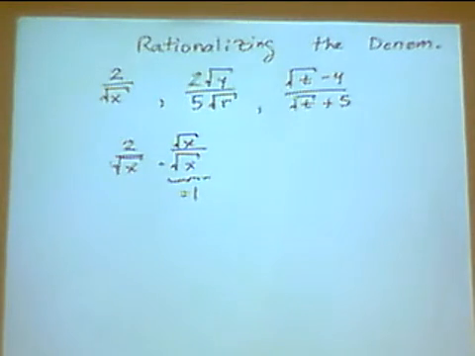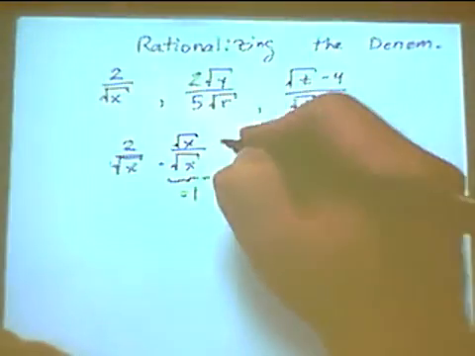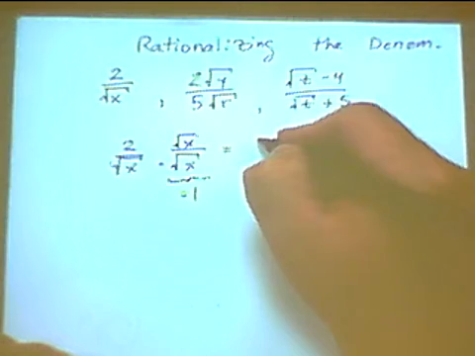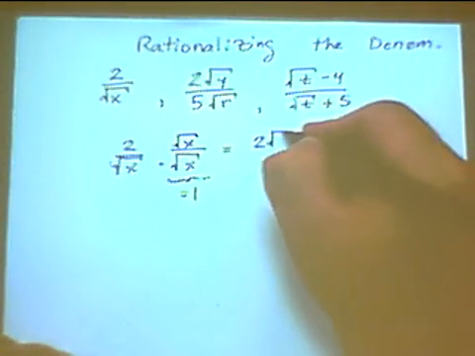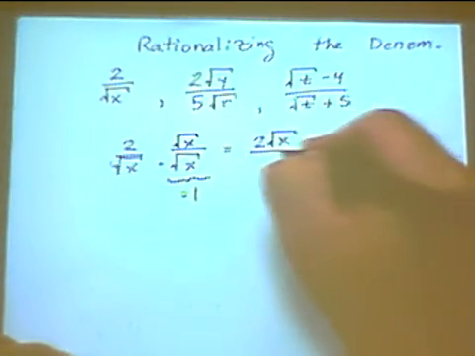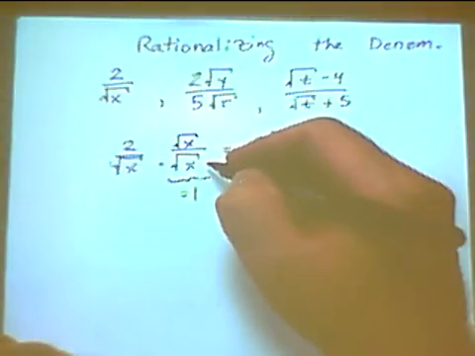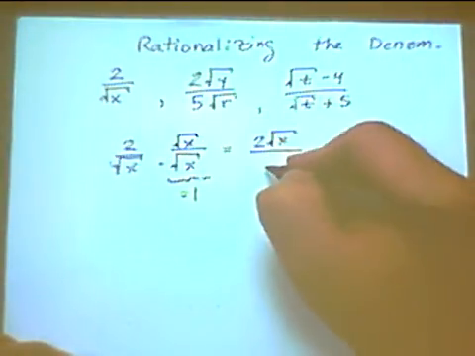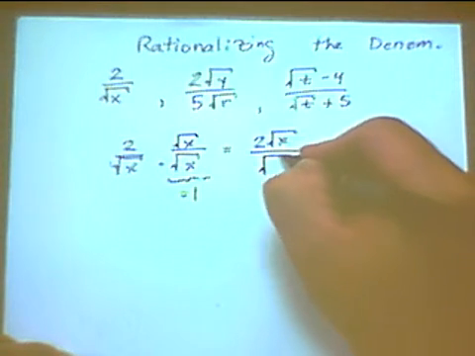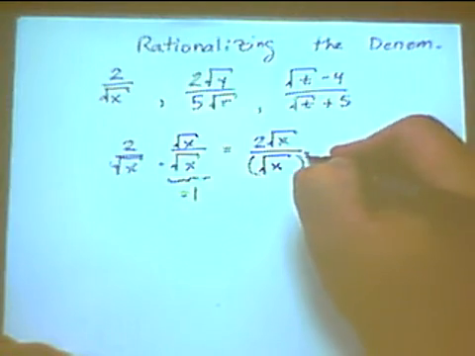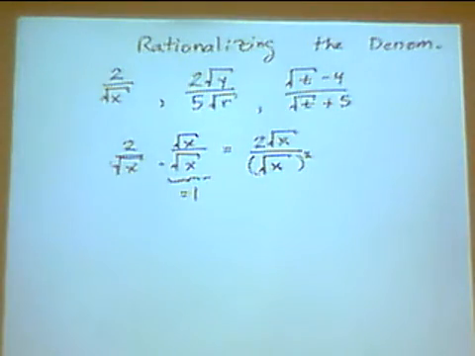It's just going to look different. And now the whole key to why this method works, the numerator, I can just write 2 square root of x, but the denominator, square root of x times square root of x, just to make it sort of more obvious, is really square root of x squared, right? That's what it means to square something, to multiply it by itself twice.